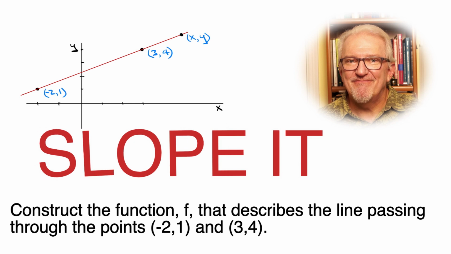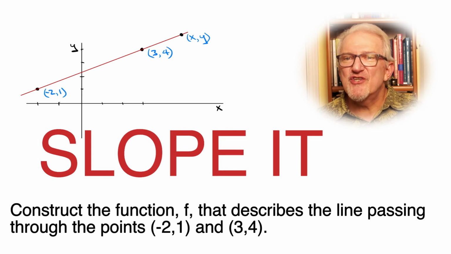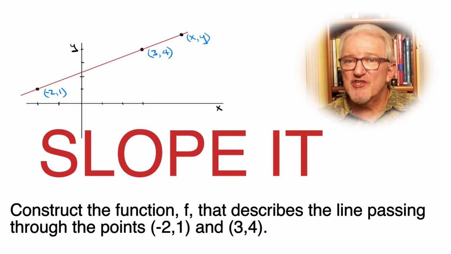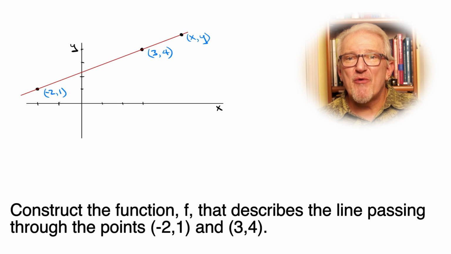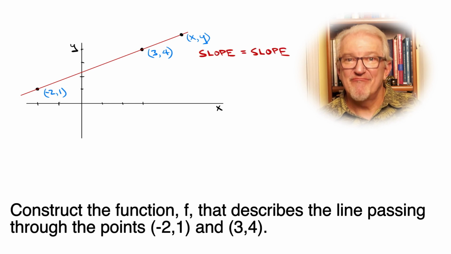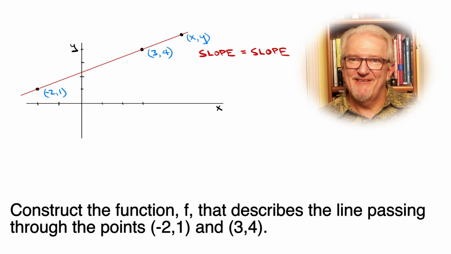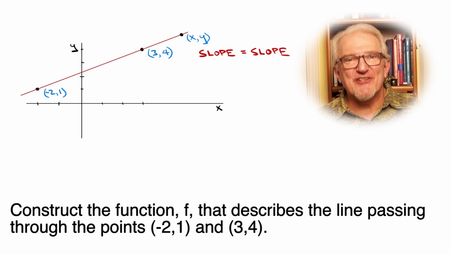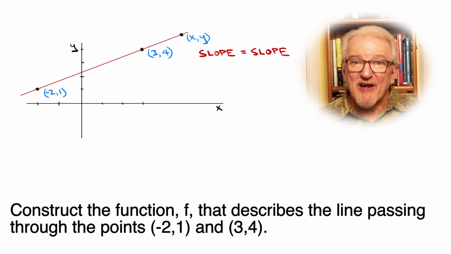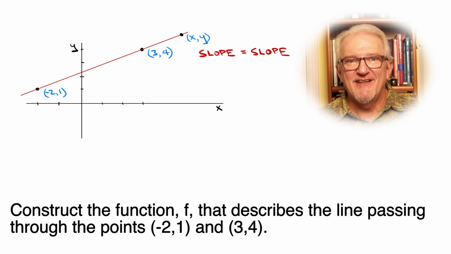Slope it. The only equation that you really need to remember when constructing a linear function is an equation that you simply cannot forget. That equation is slope equals slope. It turns out that every linear equation is just an expression of the fact that the slope of a line is the same regardless of the points of the line that are used to express it.